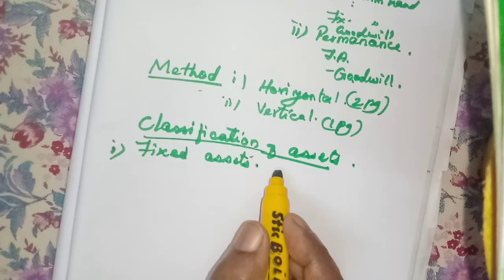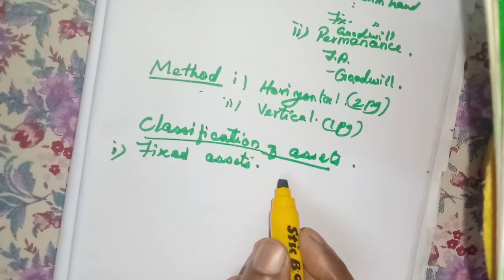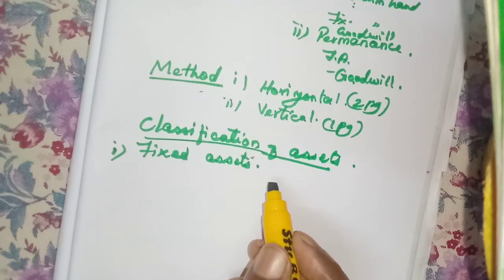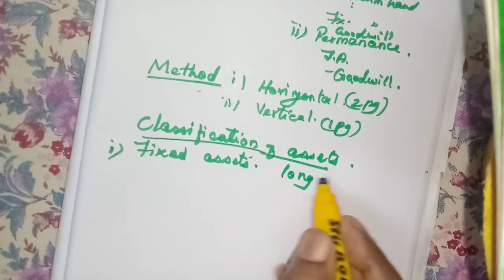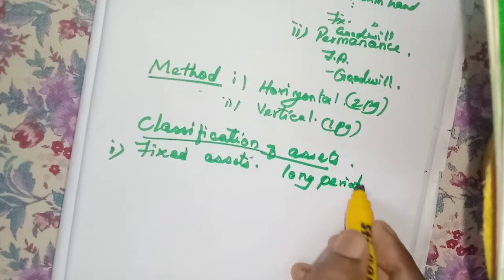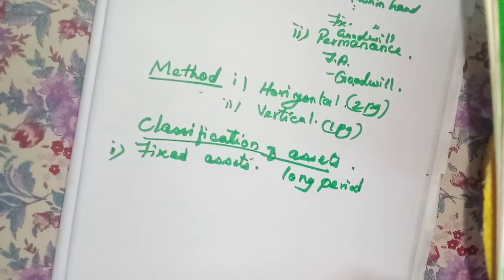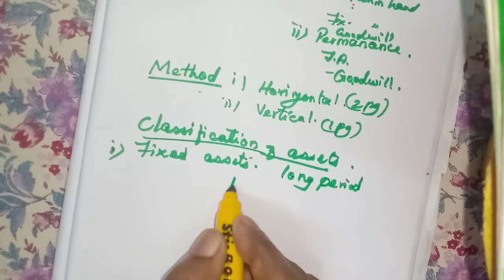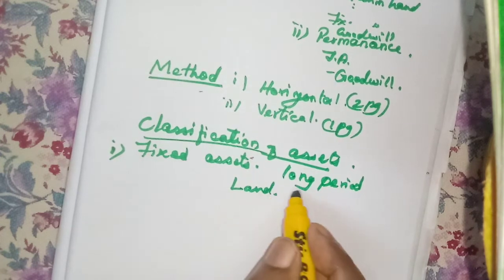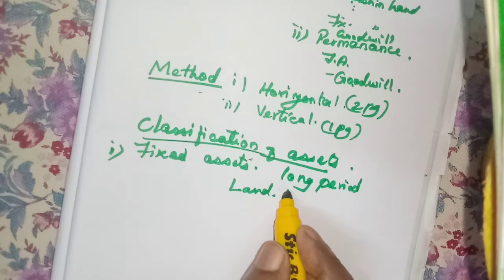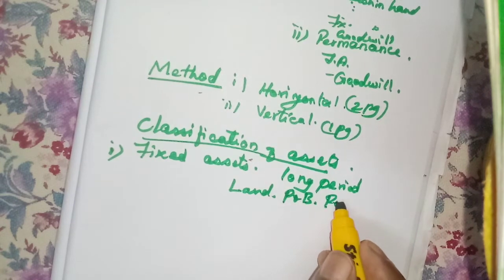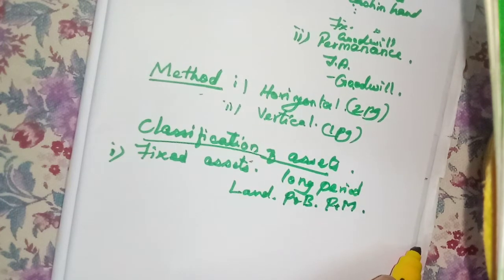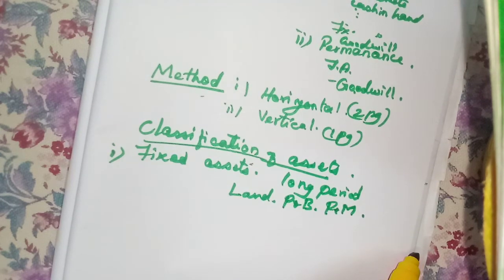These fixed assets are bought or acquired to use in the business for a long period of time, maybe more than 1 year or 2 years. We know the fixed assets: land, plant and building, plant and machinery, motor vehicles, furniture, fittings, office equipments.